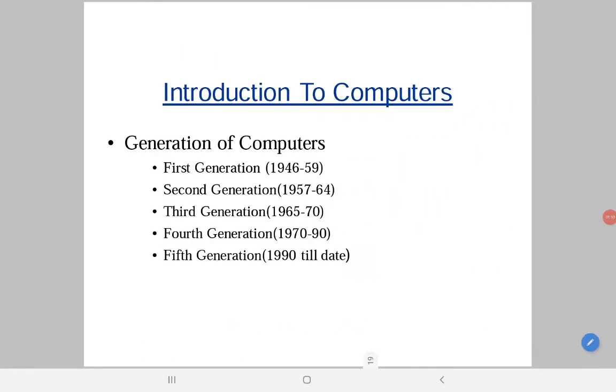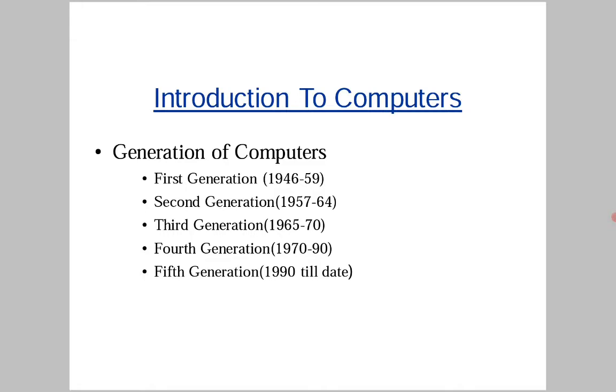Computer generations are mainly 5 types. First generation computers, 1946 to 1959.